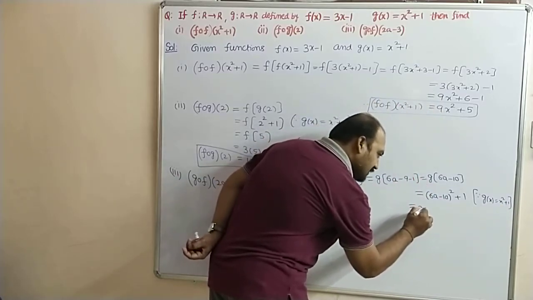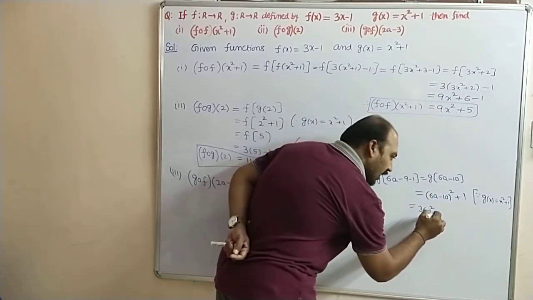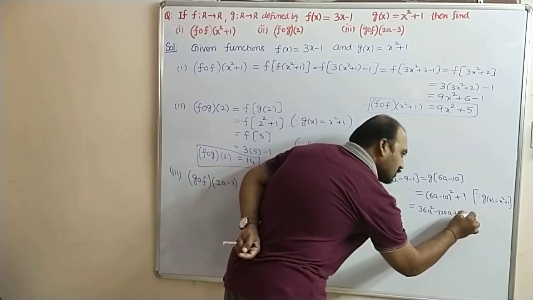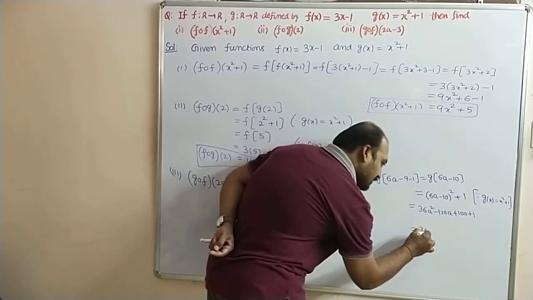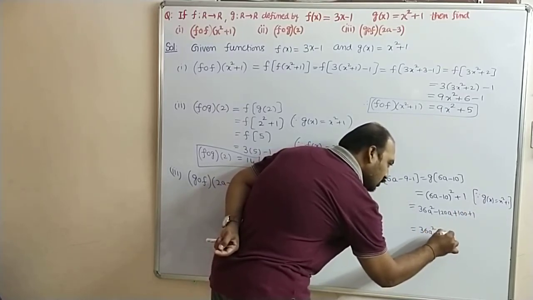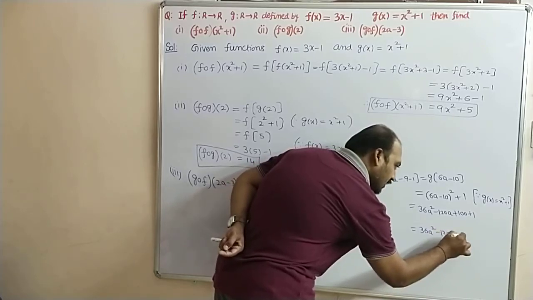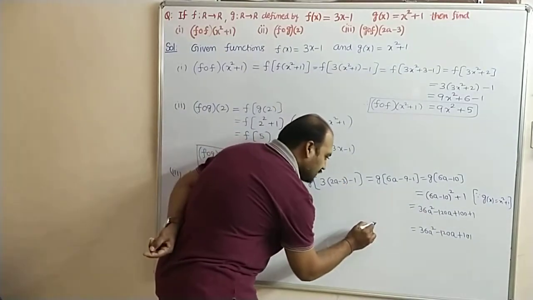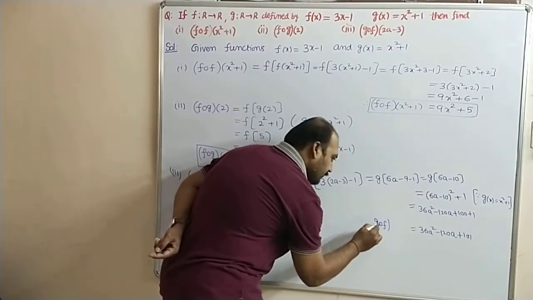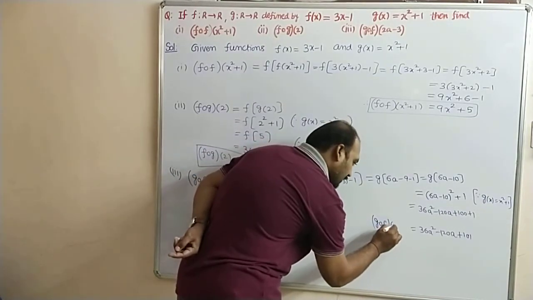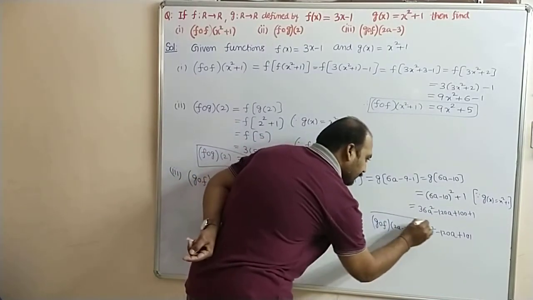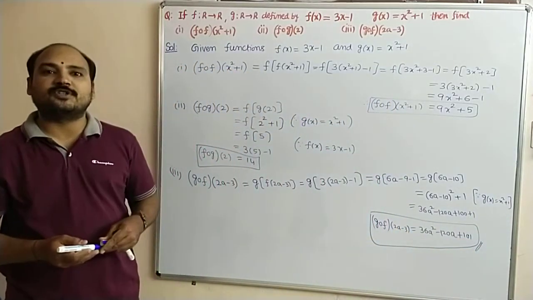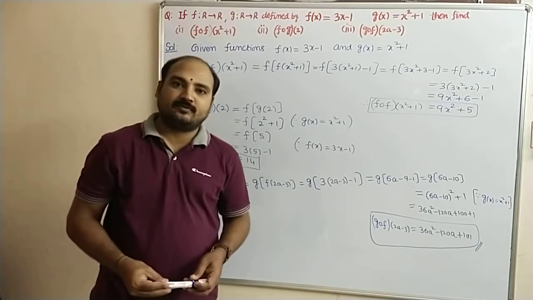Now 36a square minus 120a plus 100 plus 1, which is equal to 36a square minus 120a plus 101, which is the value of the third one, g circle f of 2a minus 3. So like this you can do the questions based on composite function.